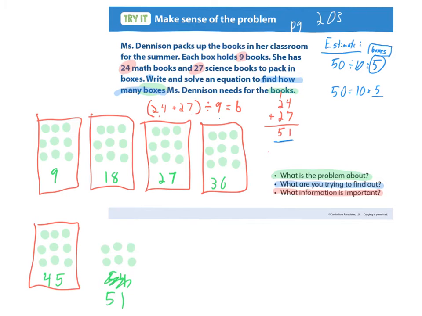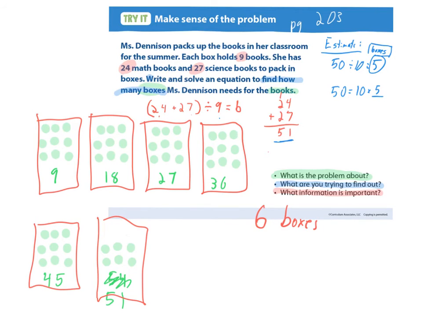Think about it. Raise your hand if you think she needs 1, 2, 3, 4, 5 boxes. Raise your hand if you think she needs 6 boxes. The answer is going to be 6 boxes. Okay? She needs 6 full boxes.